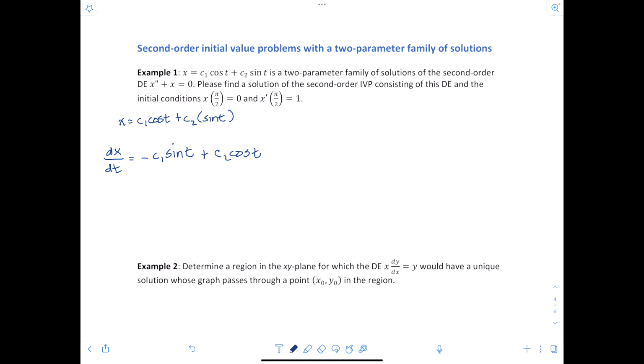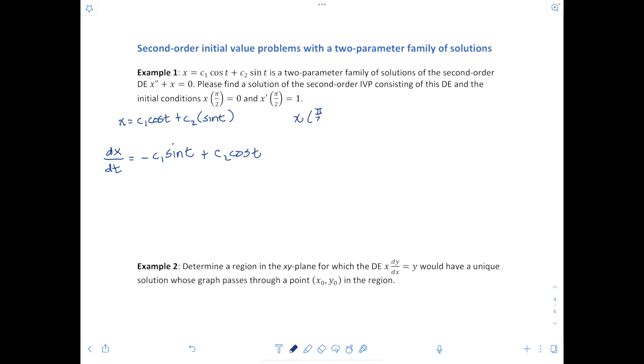Remember that the c's with the subscripts are constants because we're differentiating with respect to t. Groovy?